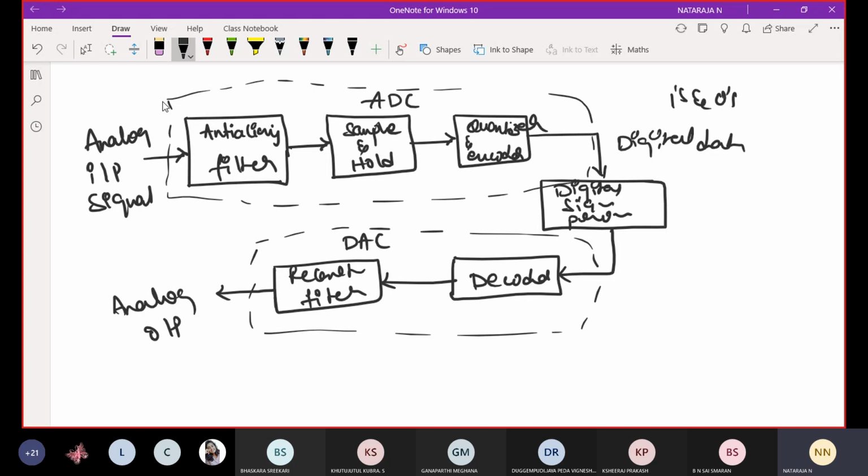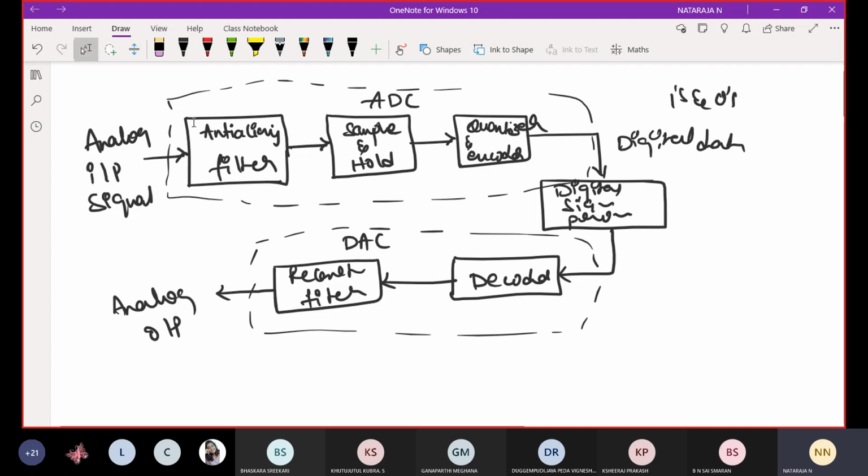Again I am going to feed these ones and zeros to the digital to analog converter and convert them back into an analog signal. Why am I going to discuss both? We have both ADC as well as DAC. We need to convert analog to digital, and again convert digital to analog. Both will be discussed in the same block diagram.